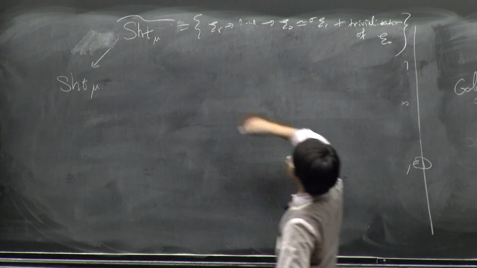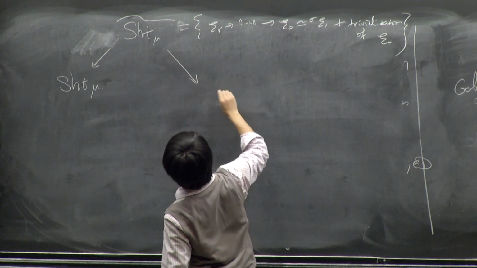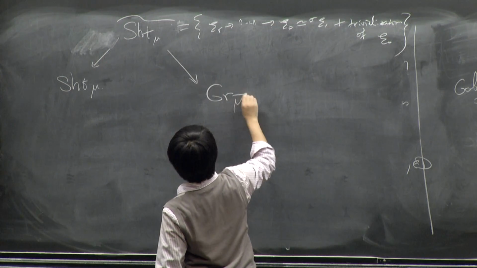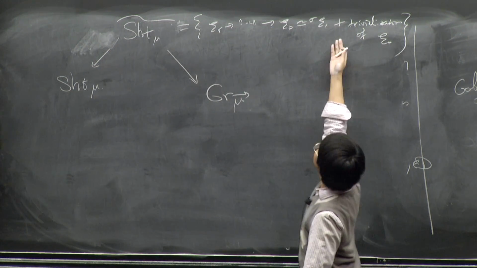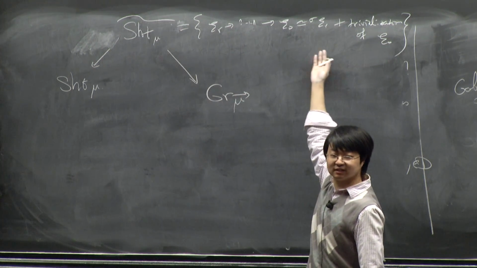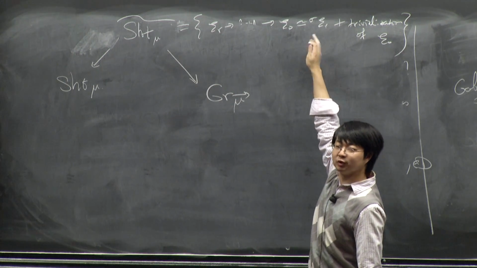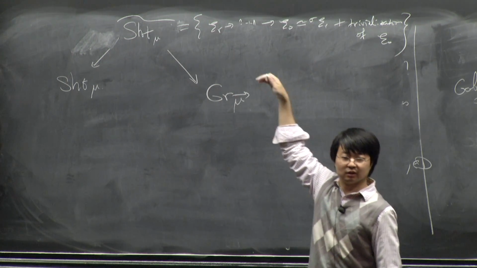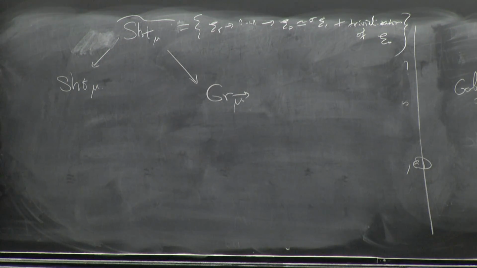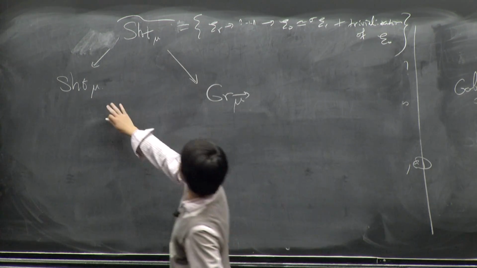And now this could map to my original group mu hat, because now it's really just a chain of lattices, and the last one is a trivial one, it's just O^2. So in fact, étale locally, they are the same.